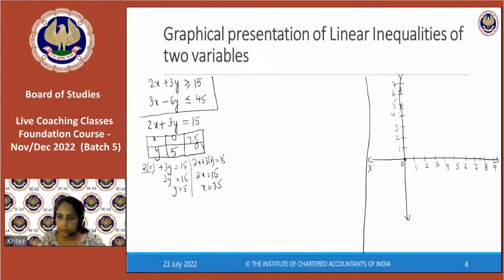These are the points. Once you identify the points, you join them.